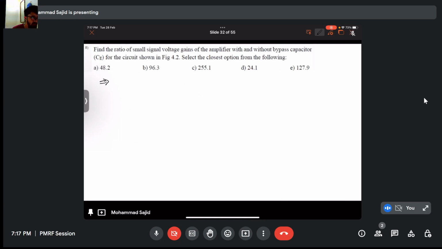Okay, so we have to draw the equivalent circuit first. Let me just draw it, with all the capacitors, all the elements intact. I can draw R1 parallel R2. This is that, right? This is your emitter resistor, gm.